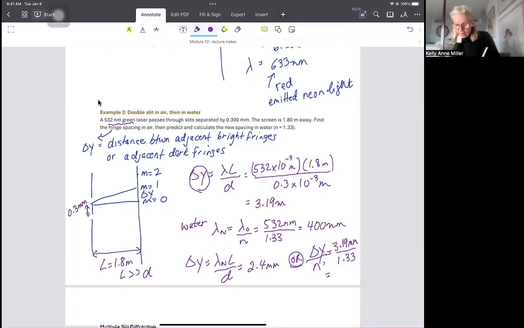And you get the same thing as before, 2.4 millimeters, which is the fringe spacing in water. Okay.